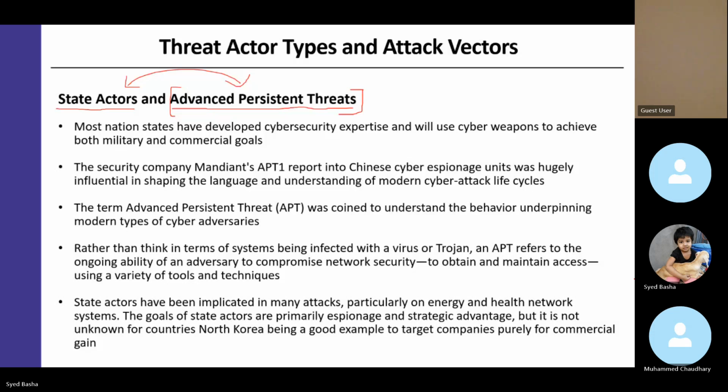There is a report that says most companies, before they announce the breach, have already been under attack for like 6 months. Imagine, many companies don't even know that they have already been attacked. In most companies, these kinds of advanced persistent threats are there.